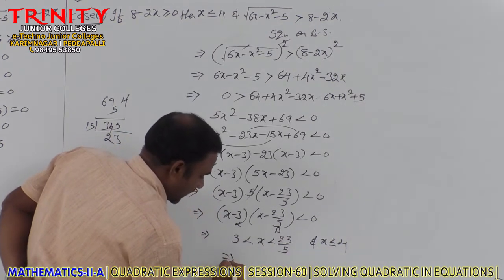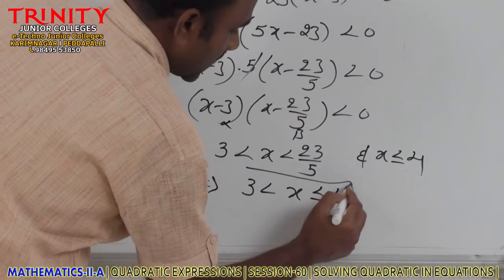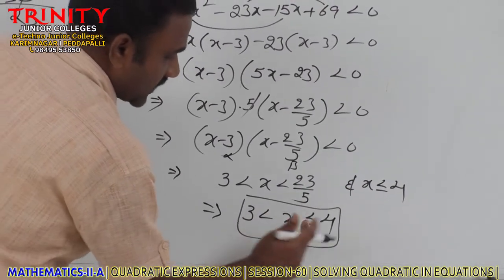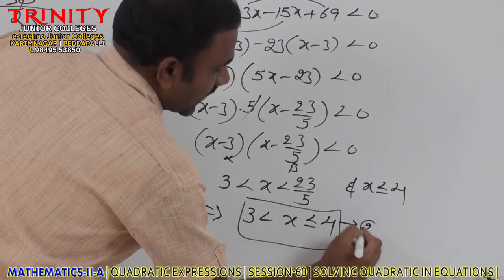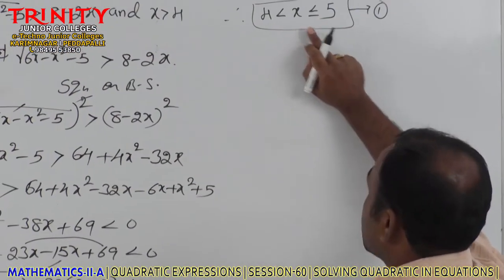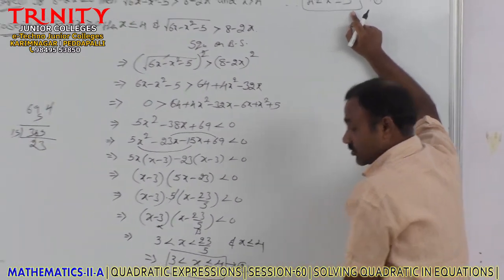From these we can say that 3 is less than x less than or equal to 4. This is the second equation. In the first equation 4 is less than x less than or equal to 5, and here we have 3 less than x less than or equal to 4.